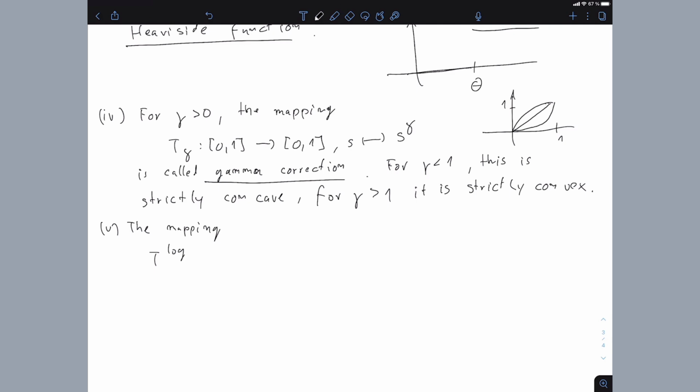That's called T-log. It goes from 0 to infinity, to 0 to infinity, and it maps S to the logarithm with base 2 of 1 plus S. That's called the log transform.